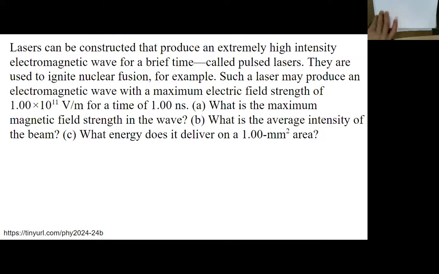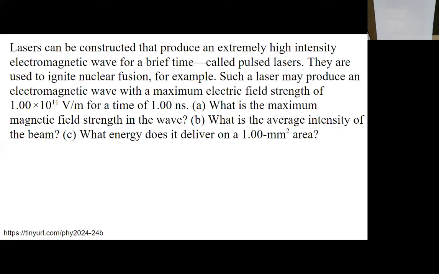We'll be just looking at one example here for this chapter. This one says lasers can be constructed that produce an extremely high intensity electromagnetic wave for a brief time, called a pulse laser. They are used to ignite nuclear fusion, for example.